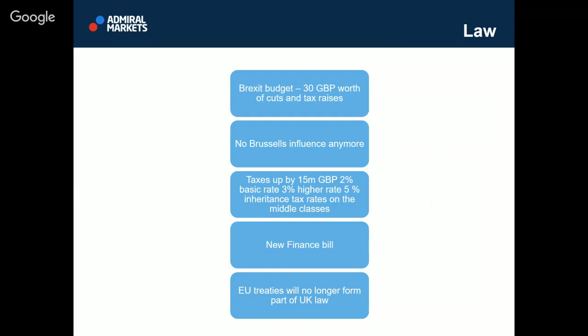As for the law, we see that the UK has been preparing a Brexit budget of approximately 30 billion GBP worth of cuts and tax raises.